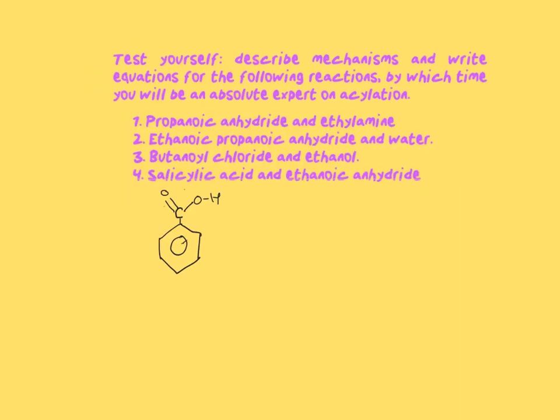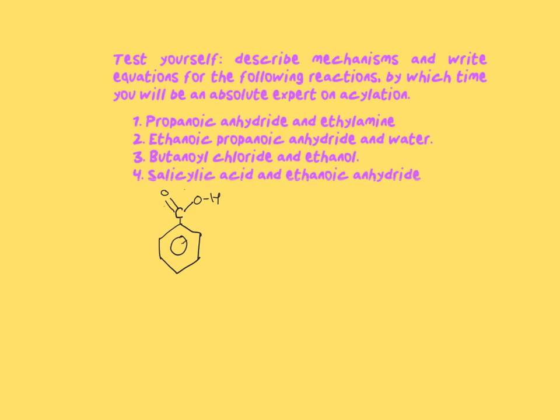Why not test yourself? Describe mechanisms and write equations for the following reactions, by which time you really will be an absolute expert on acylation. So the first one you're going to do on paper is propanoic anhydride and ethylamine, followed by propanoic anhydride and water.